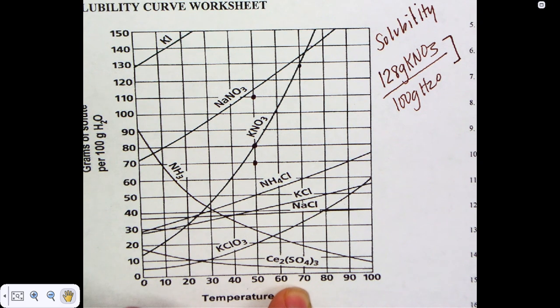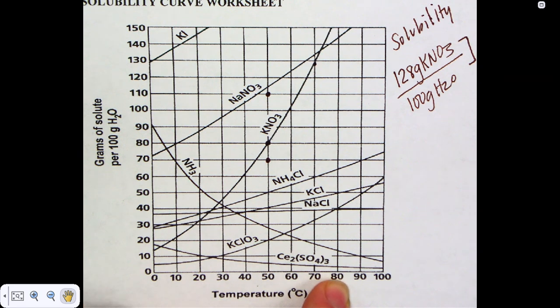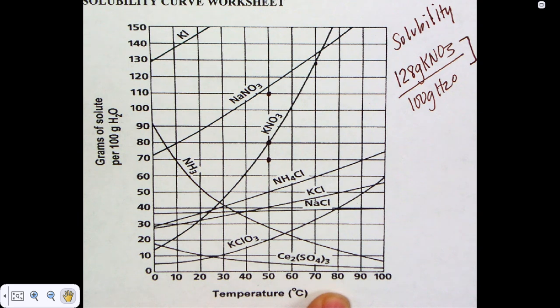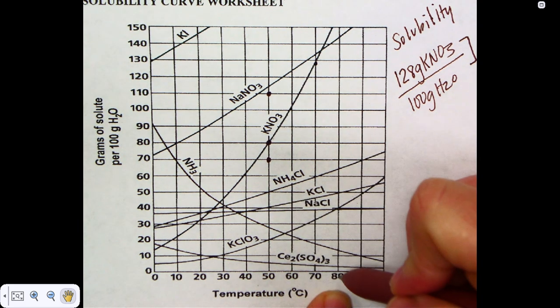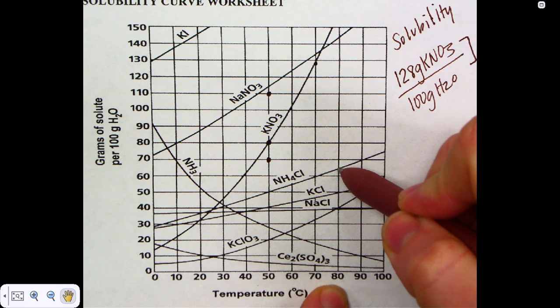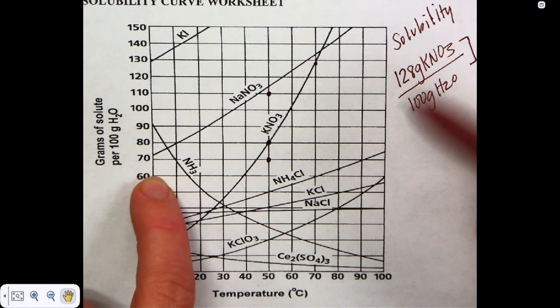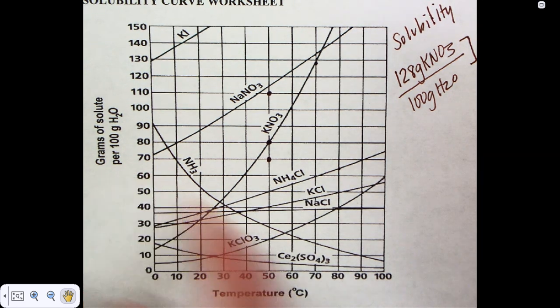You could also just be asked for temperature or mass information. For example, if I said at 80 degrees Celsius, how many grams of ammonium chloride dissolve? I go to 80, I see where it intersects that line, I draw over, and it'd be about 63 grams of NH4Cl. Or I could be asked for temperature information. If I said, at what temperature do 138 grams of potassium iodide dissolve?